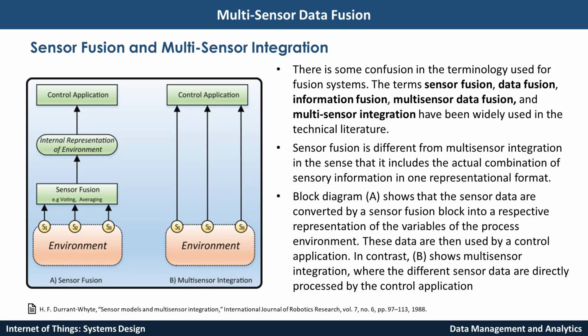So basically, you have a temperature, humidity, and air pressure, and then in the fusion layer, it becomes one value. It fuses together, so you can't separate it. And then that one single value is sent to the control application. So this is the key difference between sensor fusion and integration.